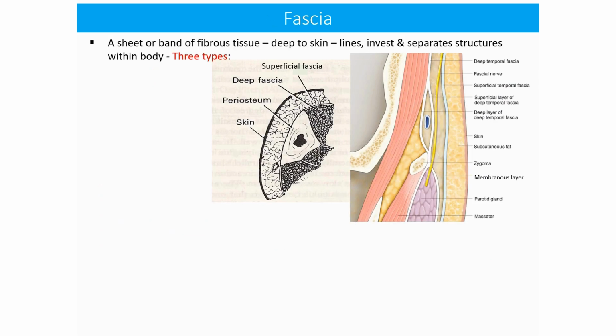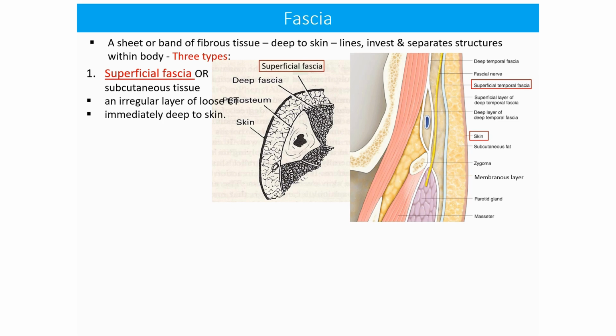Fascia is a sheet or band of fibrous tissue which is located deep to skin, and it lines, invests, and separates all the structures within the body. Fascia is of three types: superficial, deep, and visceral.